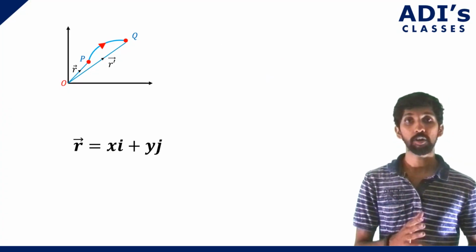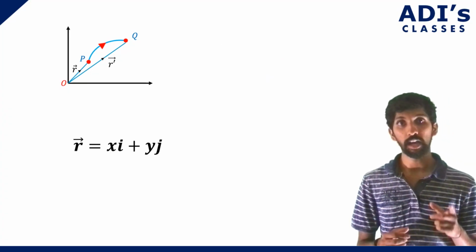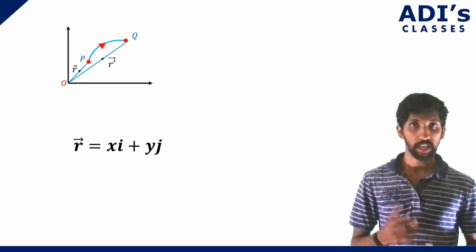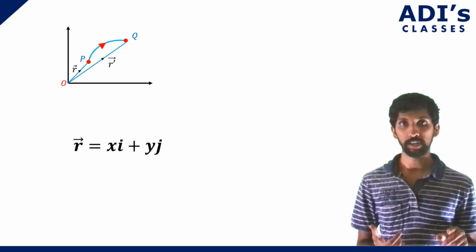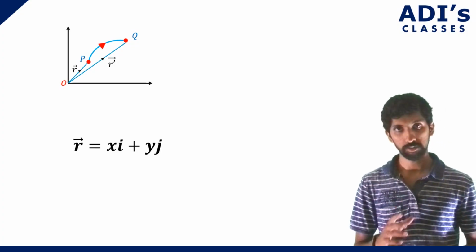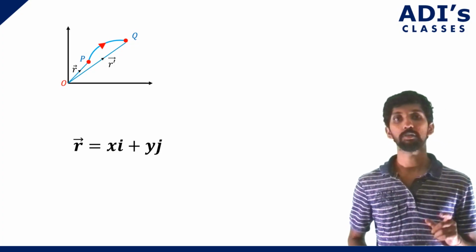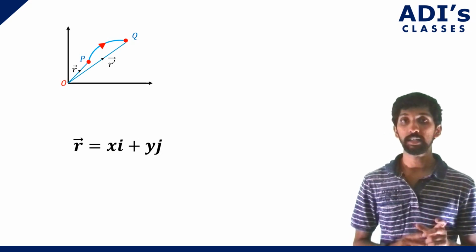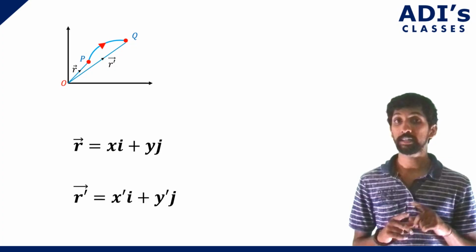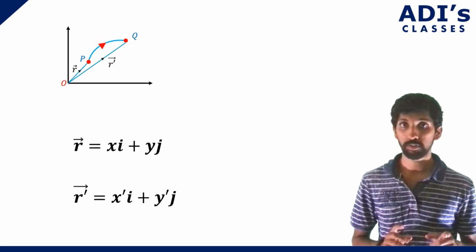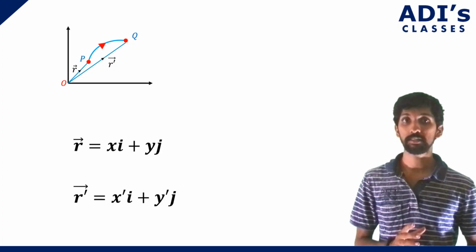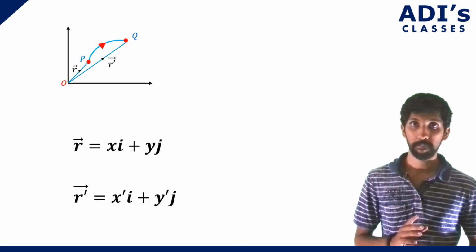So x component, call it xi, and y component, call it yj. Remember i cap, j cap and k cap we did, right? So the same thing comes here also. Your position vector R is xi plus yj. Now position vector R dash, that is OQ, becomes x dash i plus y dash j.